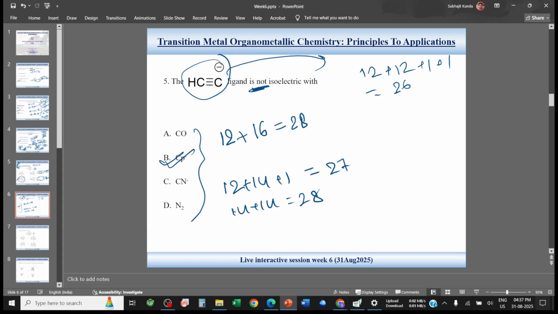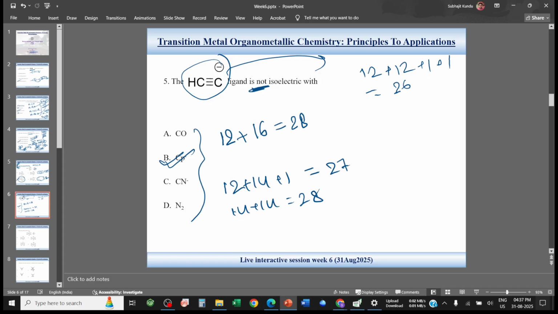Sir, in case of isoelectronic species, only valence electrons can be counted? Yes, not the overall electrons, only the valence electrons available. That I am going to tell you.